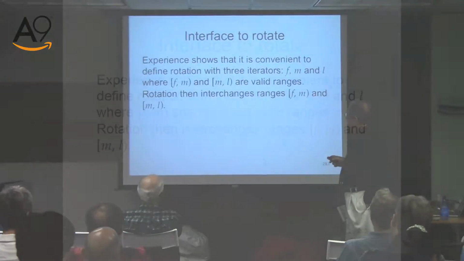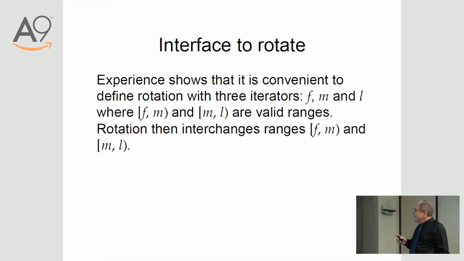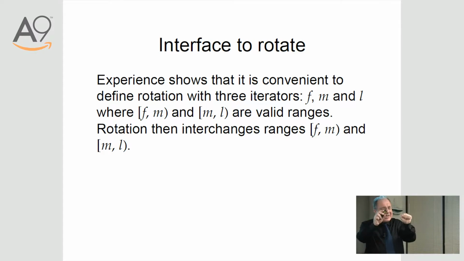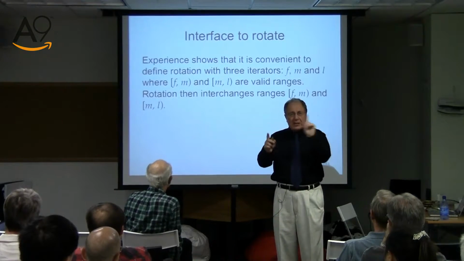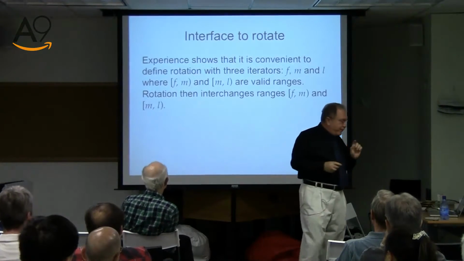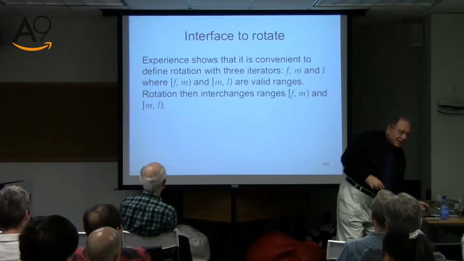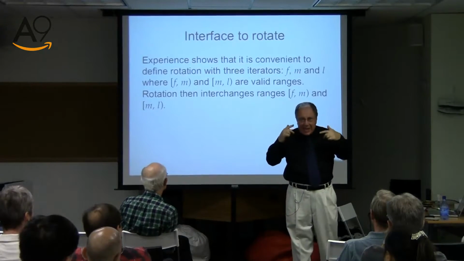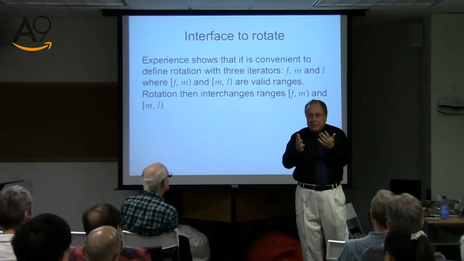So experience shows that the convenient interface is not viewing rotation as n and k, but viewing it as a 3-iterator interface: first, middle, last, and viewing rotation not as, if you like, rotation, but as an exchange of unequal blocks. We rotate 8 elements like so. Obviously, it's the same thing.